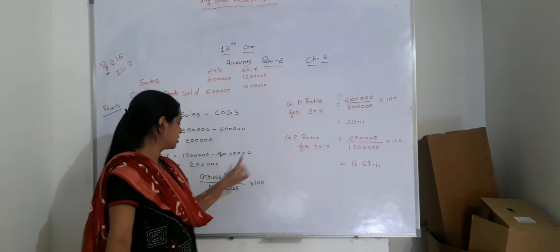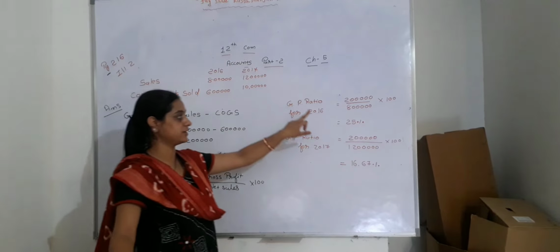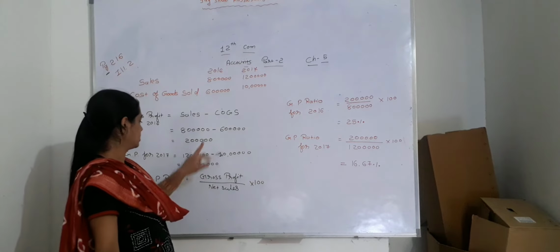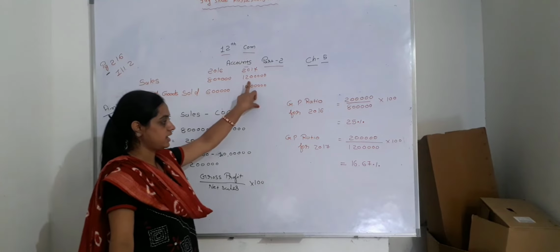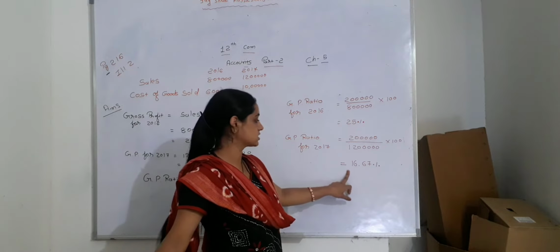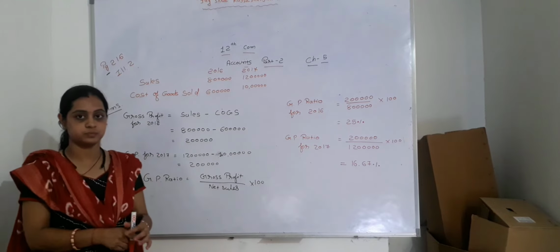For 16, gross profit is 2 lakh, sales is 8 lakh into 100, that means we get the answer 25%. And for 17, gross profit is 2 lakh, sales is 12 lakh into 100, that means we get the answer 16.67. Write it down.